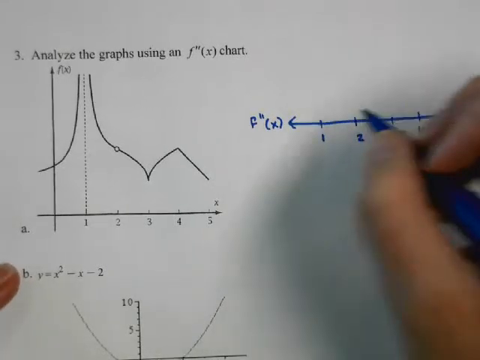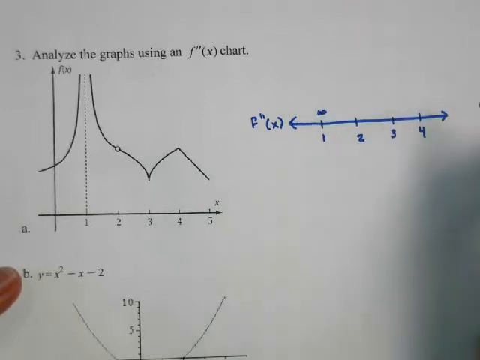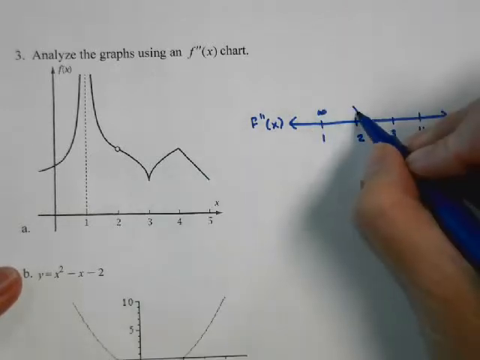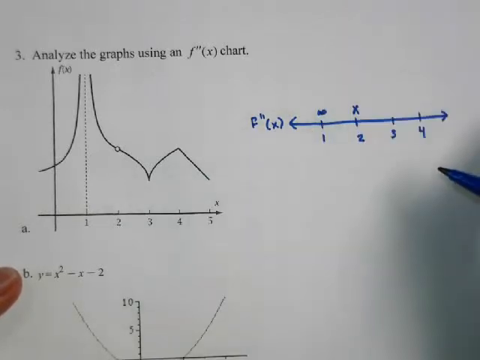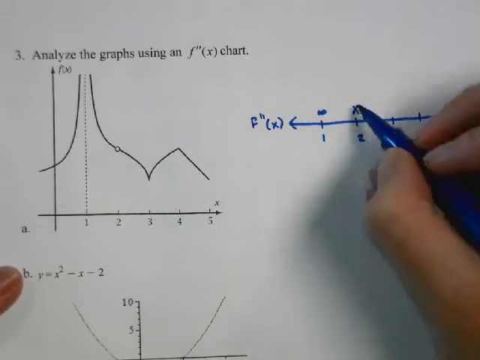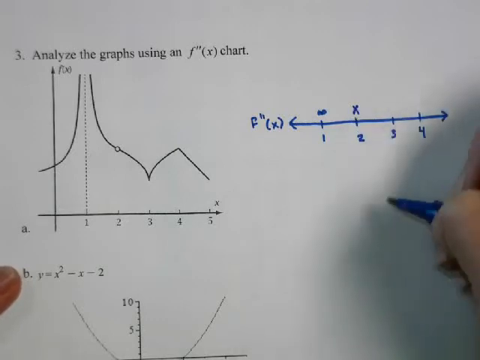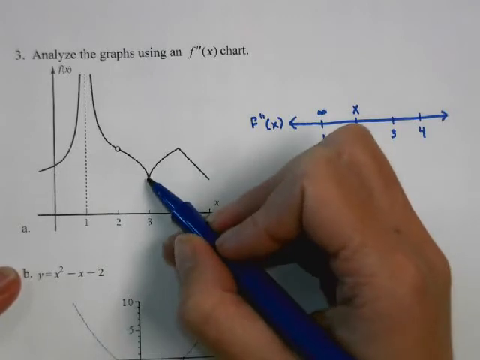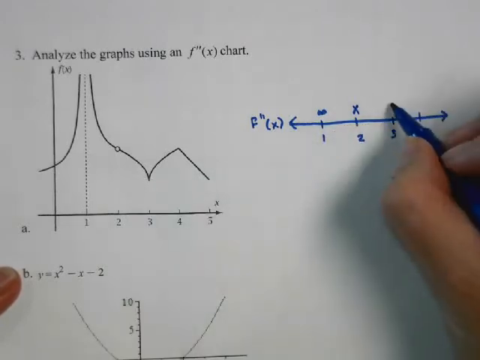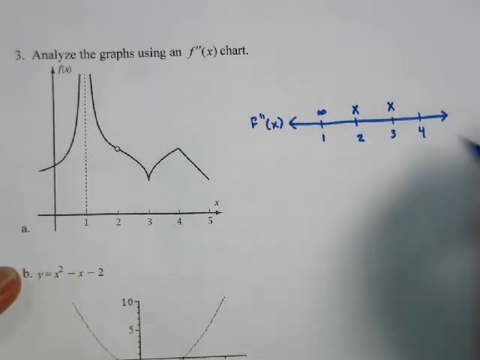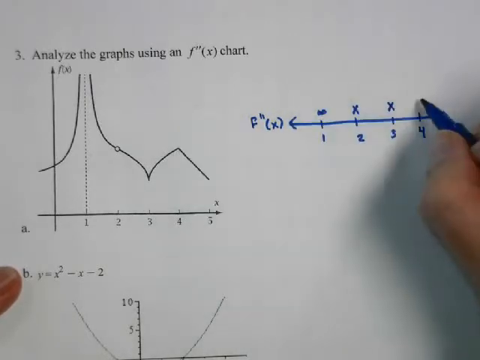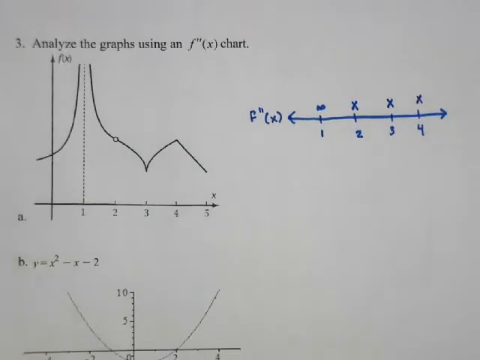At 1, we still have that asymptote. At 2, my function is undefined, which means the first derivative is undefined, which means the second derivative is undefined. At 3, there's a cusp, so there was no first derivative, which means there's no second derivative. And same at 4, we have a corner, which meant there was no derivative, which means there's no second derivative.